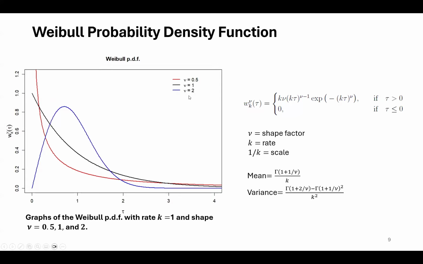And when the shape factor is greater than 1, it has this unimodal shape with one mode and then a right tail that extends to infinity. And this is the shape factor that I used for simulation, and I used the value of 1 for the rate or scale, because it is the same value, for simulation of the data.